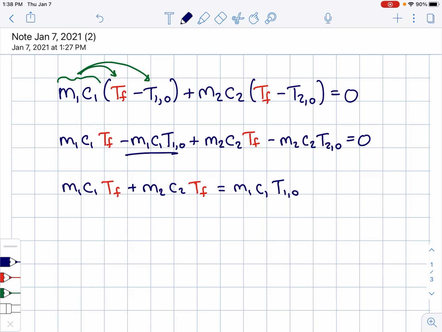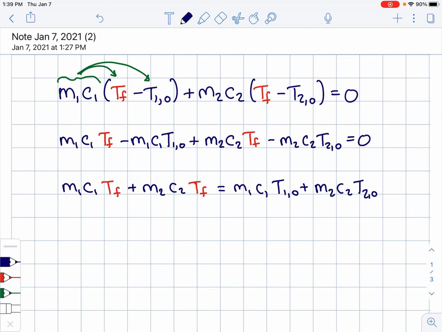So that's basically this term right here. And then I'll have plus m2 c2 T2 initial, which is basically this term right here. Okay? And now we are almost finished.